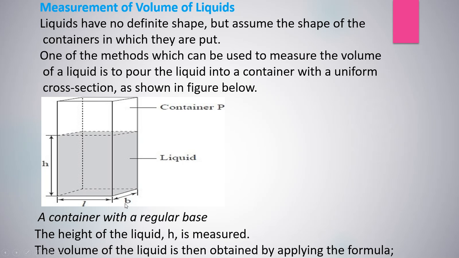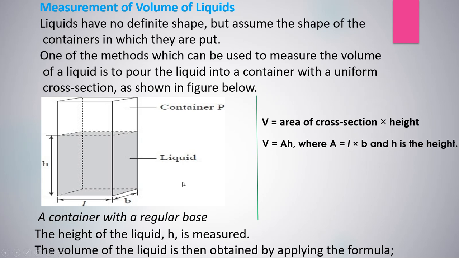The length and the breadth are also measured. So the volume of the liquid is obtained by applying the formula: the base area A times the height, or L times B times the height, and therefore the volume of this liquid in this container will be LBH.